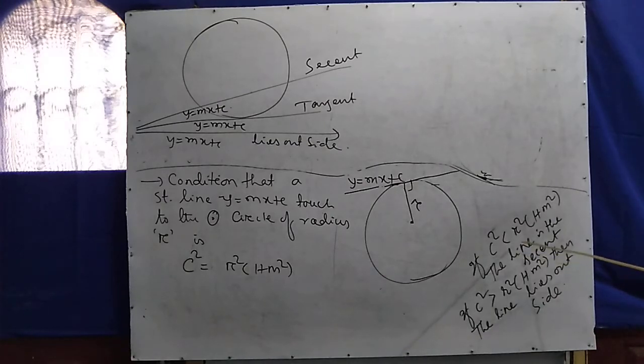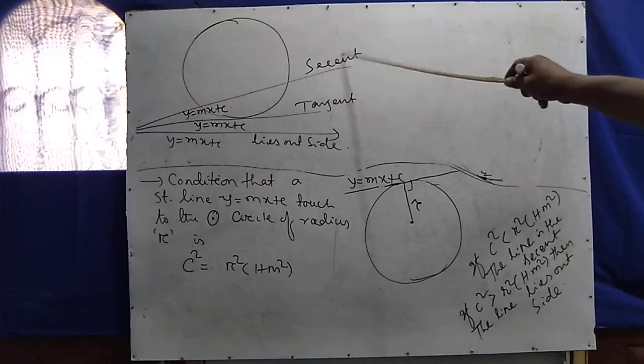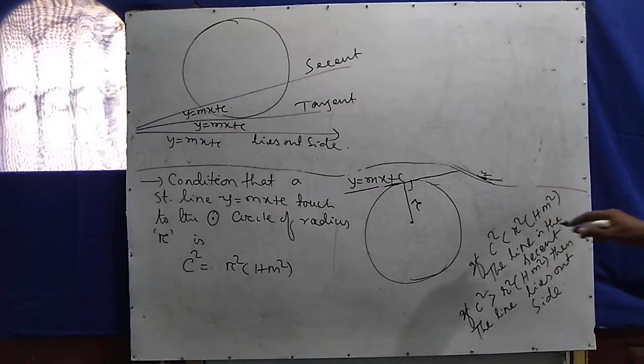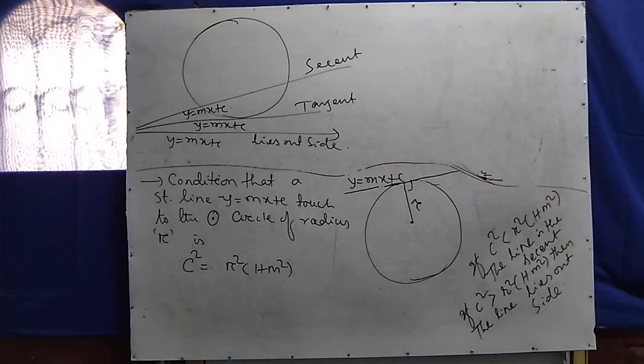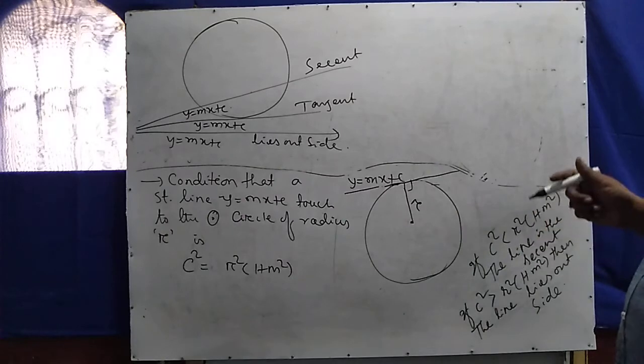If c square is less than r square into 1 plus m square, the line is secant. If c square is greater than r square into 1 plus m square, then the line lies outside. This is the third condition. So we will solve an equation using this.